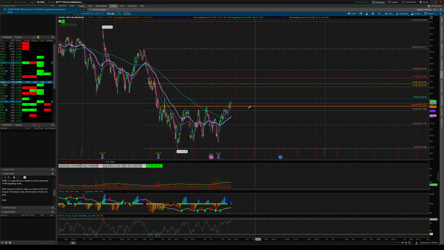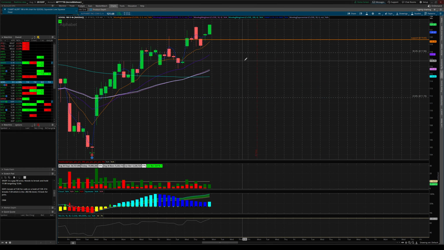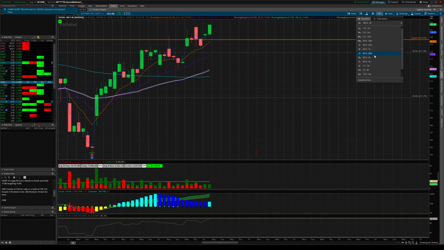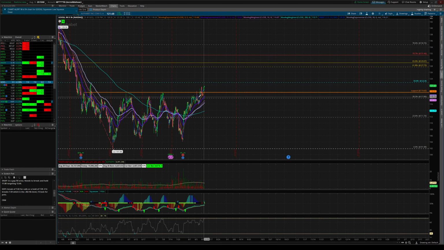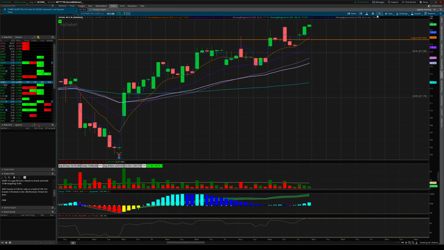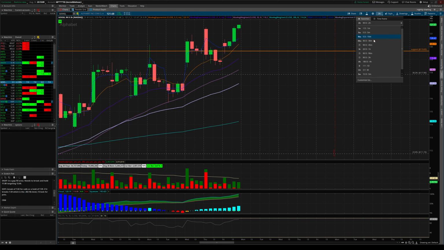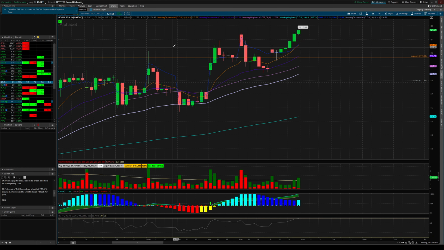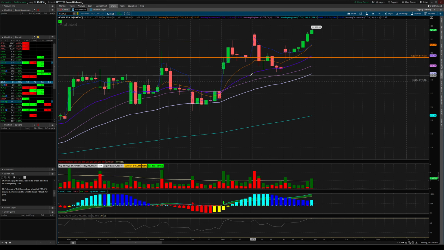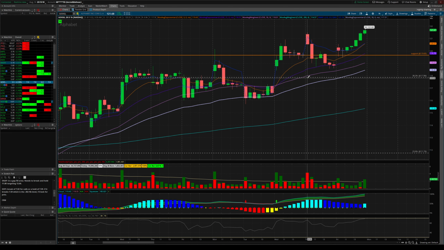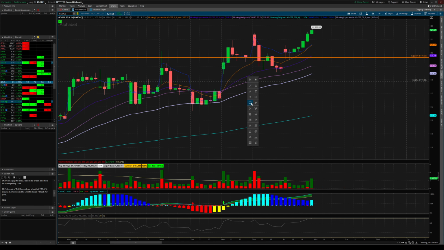But let me just look at some of these lower time frames to see if there's any demand zones. There is not, but there's even like a gap up. So I'm gonna put that as an area of interest.